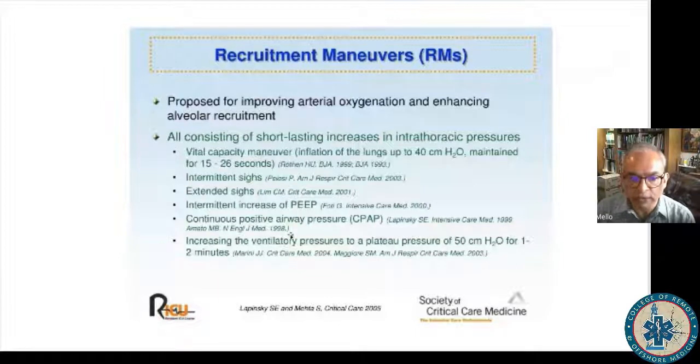There are other ways of doing recruitment maneuvers, and this is best seen when you're looking at different ventilation modes, or when you're working in an intensive care unit.